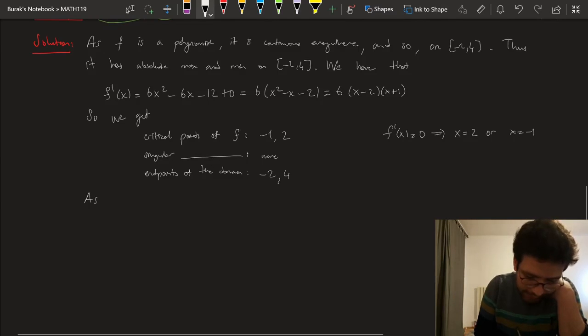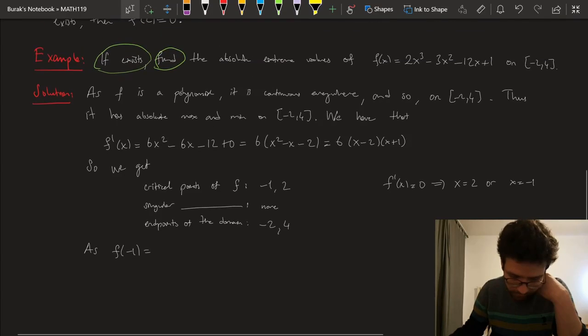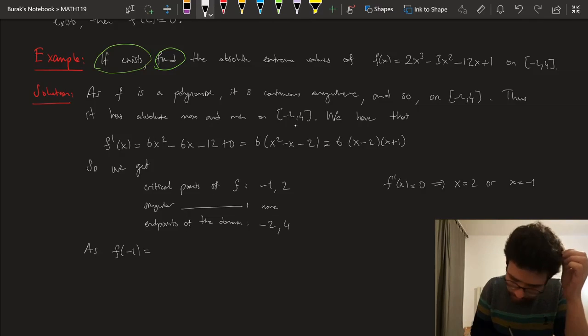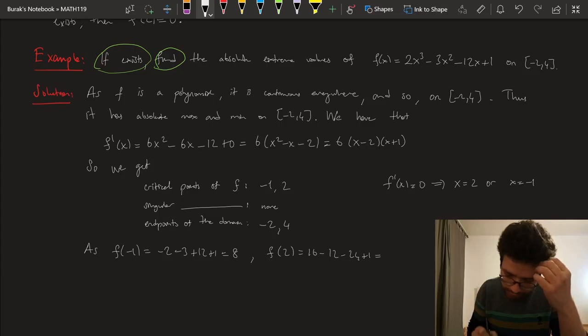So f of -1: let's plug in -1 to this. Where's my function? Plug in -1, you're going to get -2 minus 3 plus 12 plus 1, which gives 8, I guess. And plug in 2, you're going to get 16 minus 12 minus 24 plus 1. This is going to give you 4 minus 20, minus 19. And let's plug in -2.